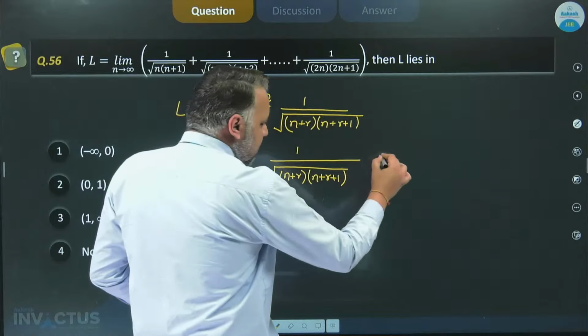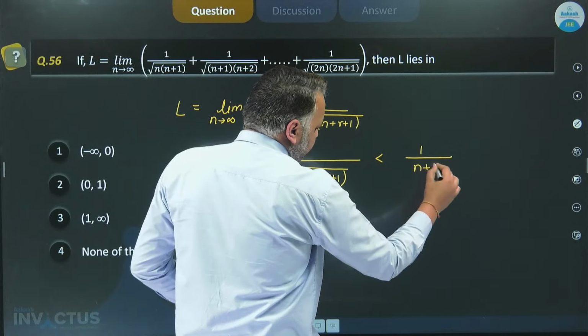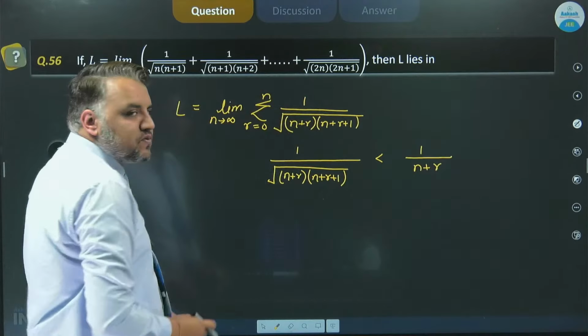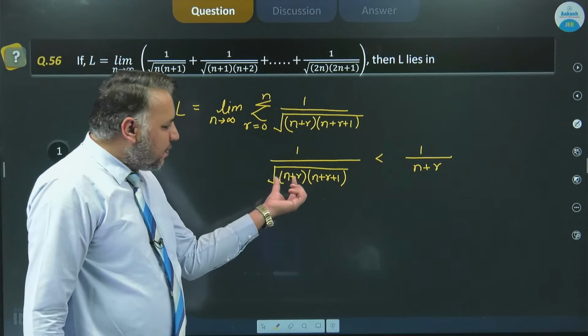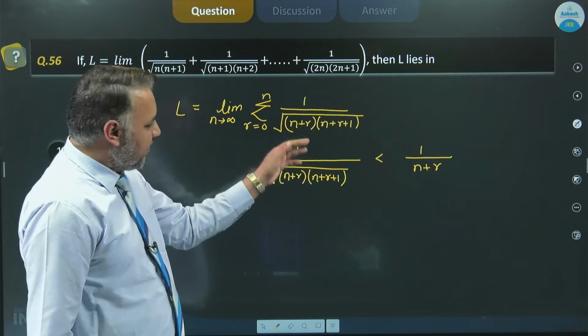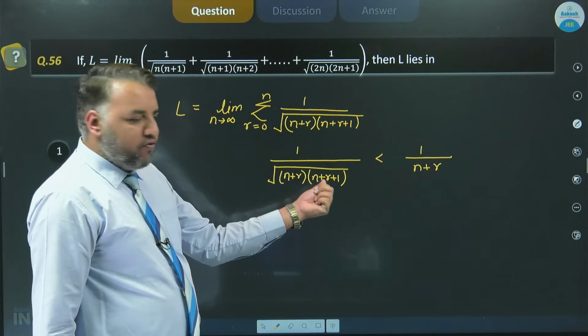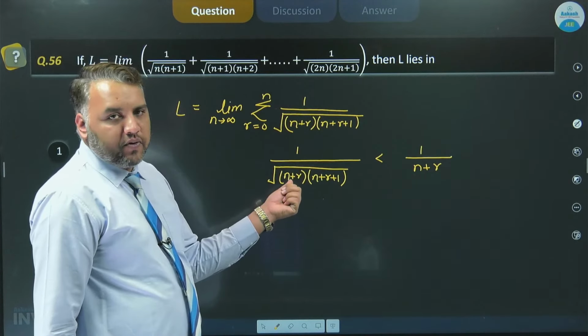will be smaller than 1 divided by n plus r, because n plus r plus 1 is greater than n plus r. So if we compare this in reciprocal, 1 upon n plus r plus 1 will be smaller than 1 upon n plus r.